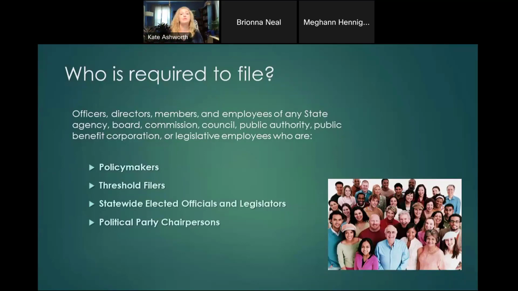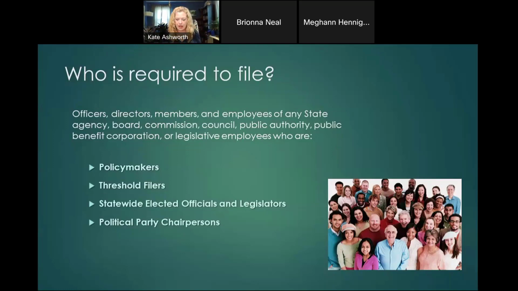Threshold filers are those people whose salary exceeds the salary threshold that triggers the need to file. And that salary threshold is CSEA salary grade 24. And that's the threshold whether or not anyone is a member of CSEA or any particular union. That's just what the benchmark is.